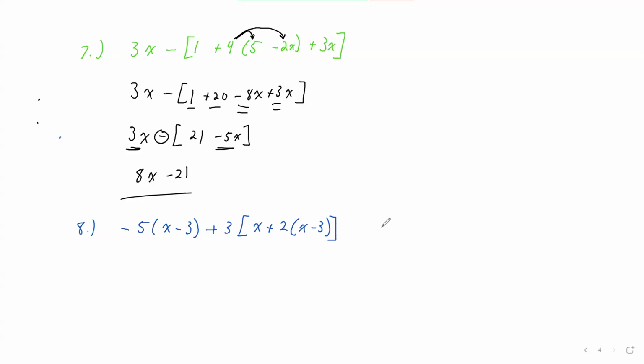Let's see how you do on this one. Do your best, see what you come up with. This is the time to make the errors.